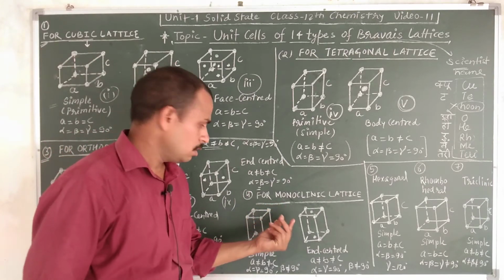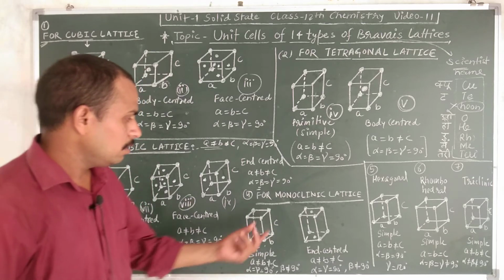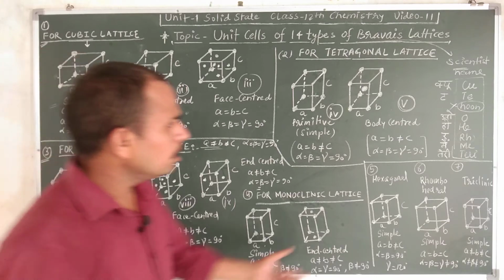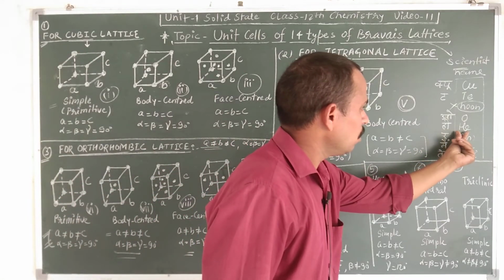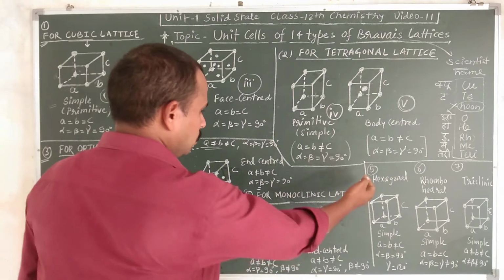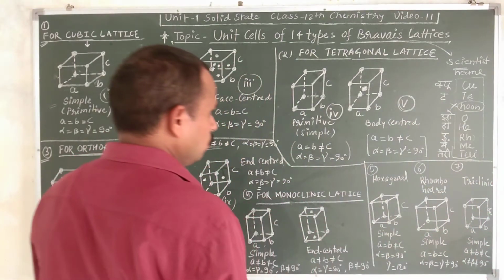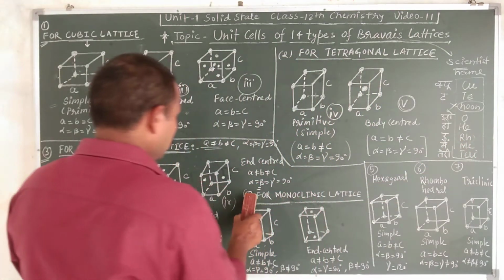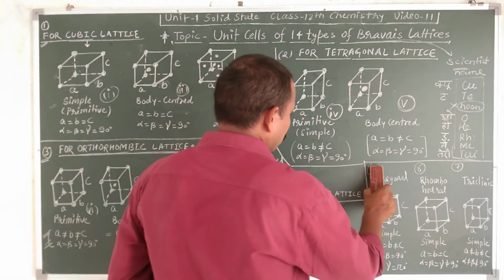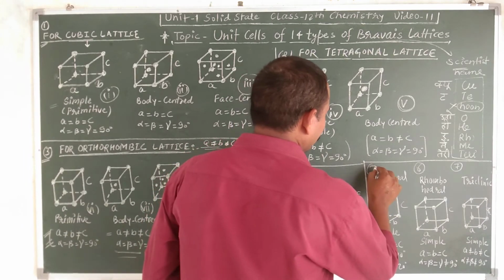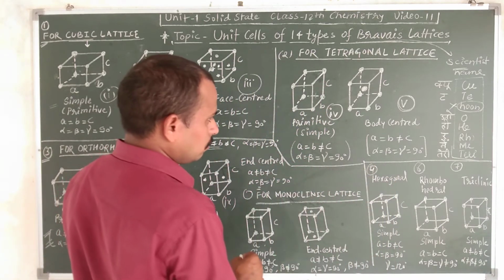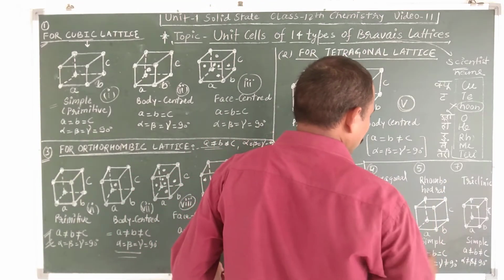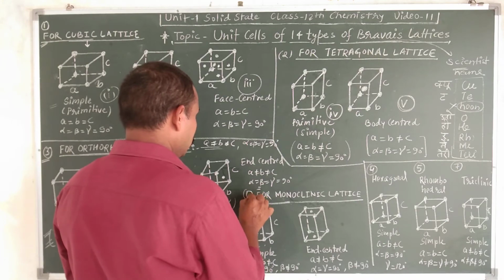Now the next crystal lattice is monoclinic. According to the mnemonic, we proceed to hexagonal.